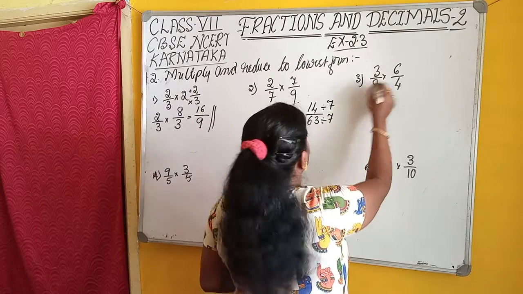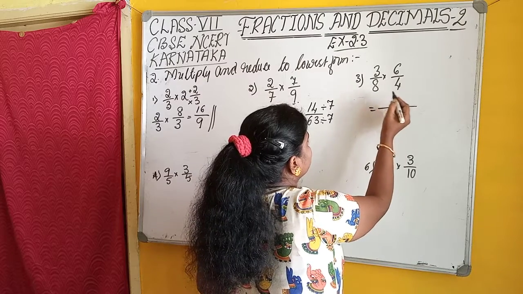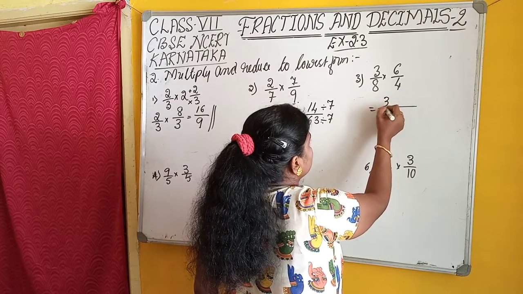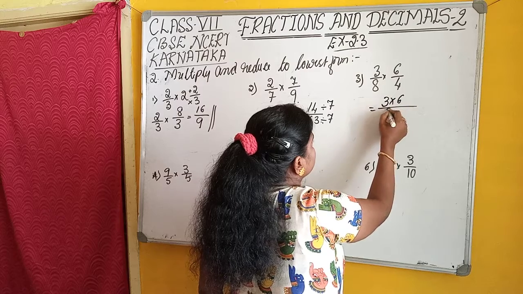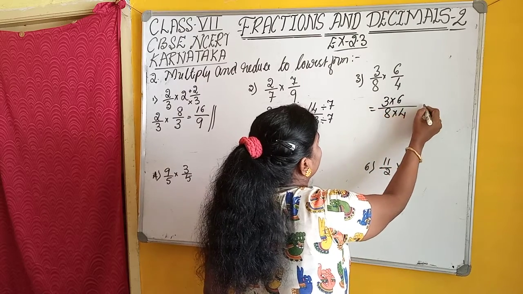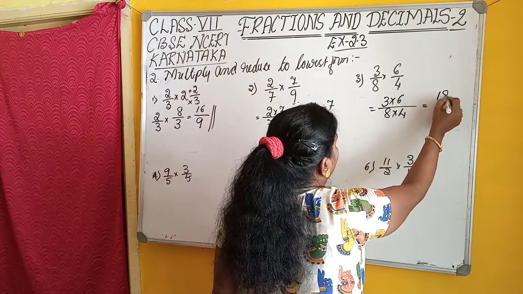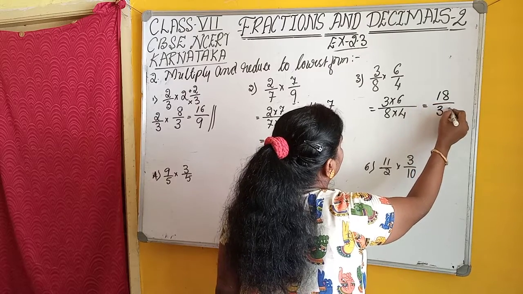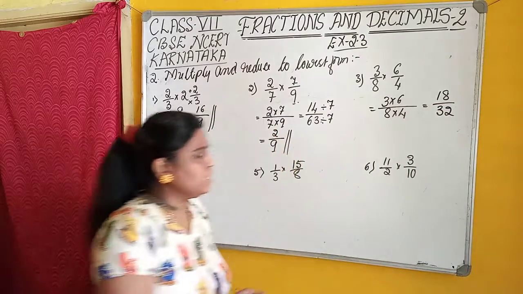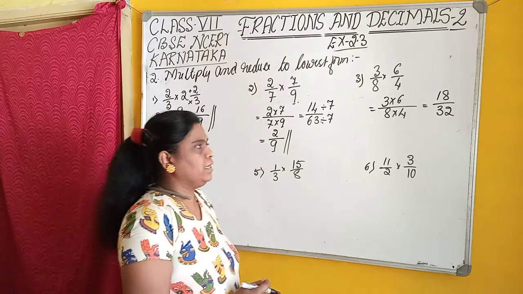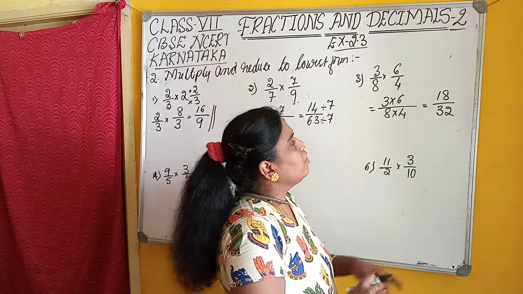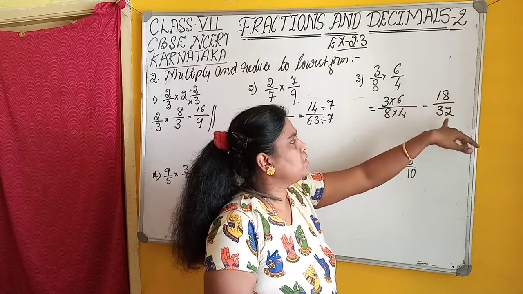And here to find the product of the fractions, 3 into 6 divided by 8 into 4, that is equals to 18 by 32. Is it possible to reduce? Let us check, starting from 2 to 9.